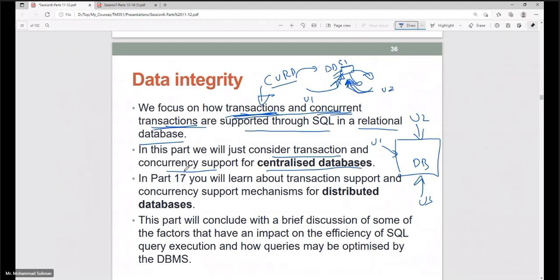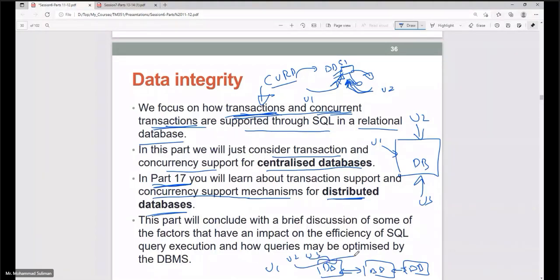In part 17 we'll talk about distributed databases and the concurrency support mechanism for distributed databases, distributed in the sense that the database exists on more than one server. So with more than one user, how do we handle concurrency in a distributed system?